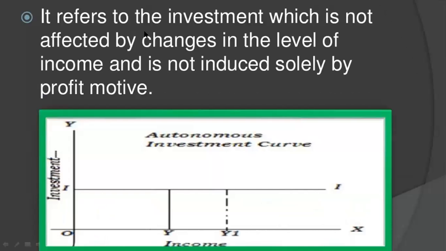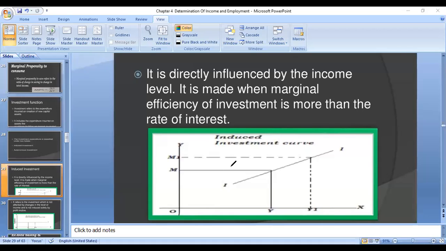Here we can see a diagram. The induced investment curve slopes upward from left to right, indicating that as income increases from OY to OY1, investment increases from OM to OM1.